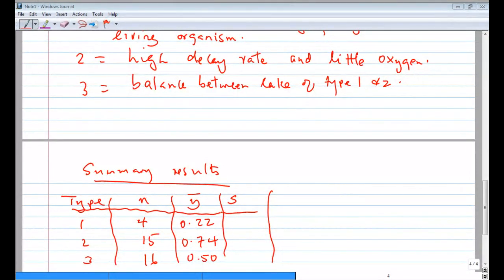The standard deviation of type 1 is 0.103. Type 2, 0.583. Type 3, 0.272. Those are the information that are given.